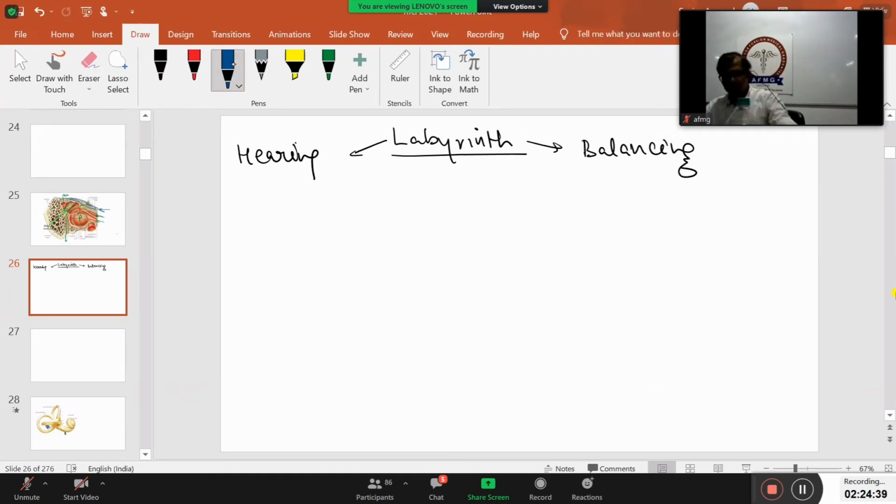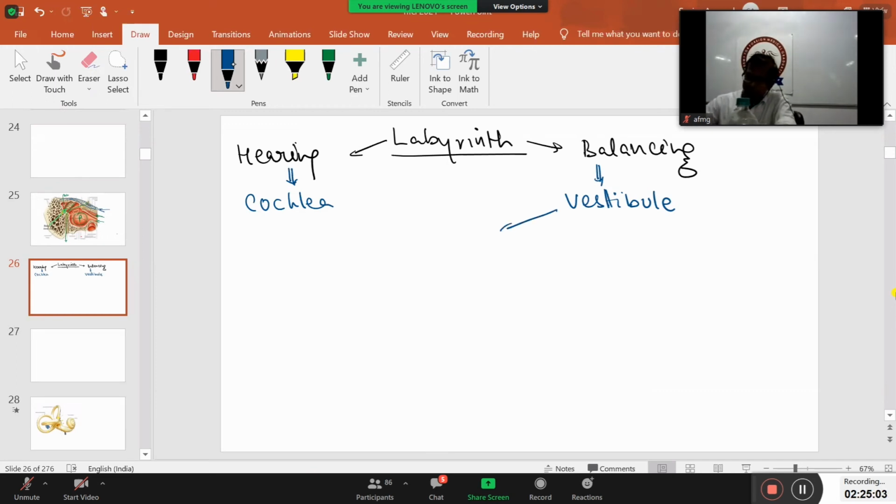Because there are two functions, we have divided the ear into two parts. The part for hearing is called the cochlea, and the part for balancing is called the vestibule. So this is a major division of the inner ear: cochlea for hearing, vestibule for balancing.